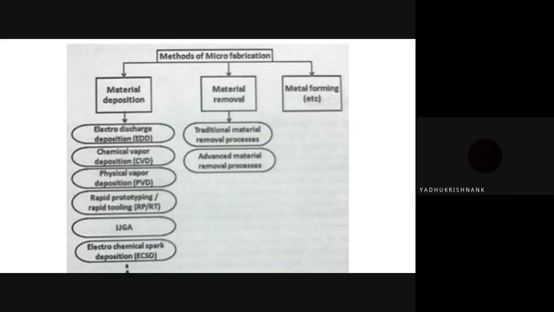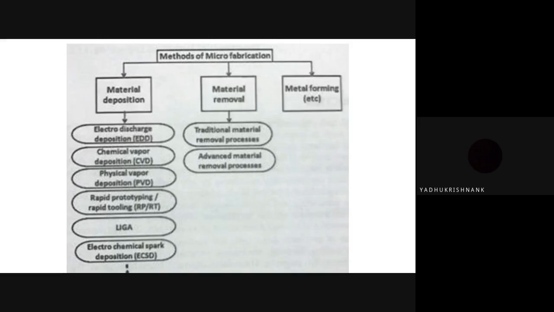And the latter case is the material removal process. It mainly contains two types of process: traditional material removal process and advanced material removal process. Like at the macro level, where we have seen conventional and non-conventional, or traditional and non-conventional processes, at the micro level also we have two material removal processes, traditional and advanced.